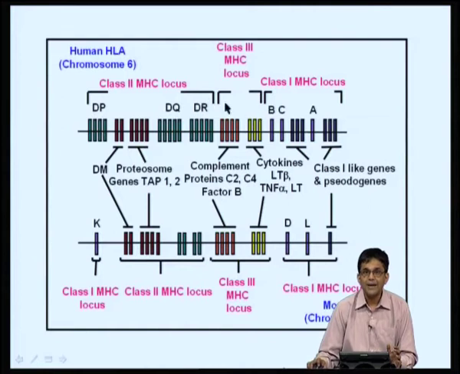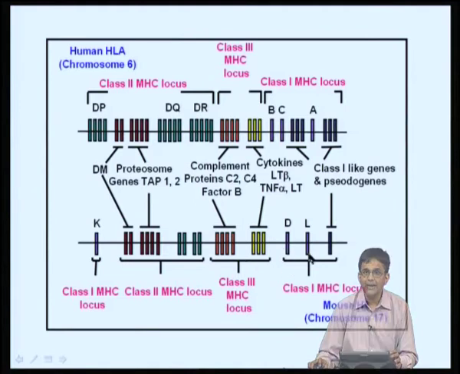In human, the MHC loci organization is very straightforward. You have the MHC class 2 loci, followed by class 3, which encodes complement and lymphotoxin, tumor necrosis factor, and then you have MHC class 1, where you have HLA B, C, A, along with class 1 like genes, pseudogenes, etc. In the case of the mouse, you have the MHC class 2 loci, the MHC class 3, and the MHC class 1.